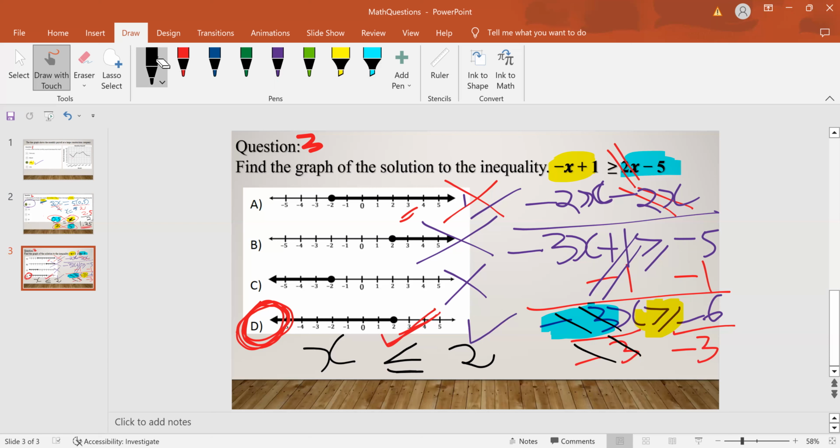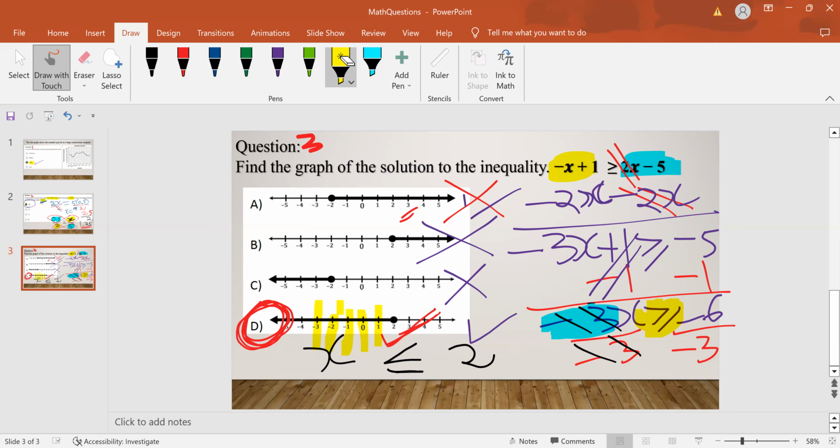Now let's graph it. When they say x is less than or equal to 2, this tells us we're going to find values smaller than 2. So 1 can be a solution. Yes, 0 can be a solution, because 0 is smaller than 2. Negative 1 is also a solution, negative 2 is a solution, negative 3 is a solution, and so on.